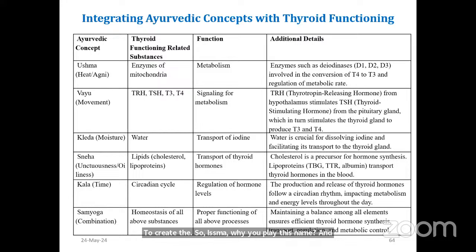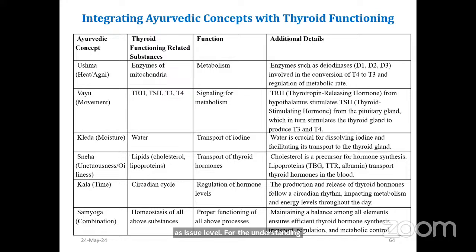So Ahar is not just the food or diet we are taking. Yes, there are, but dhatva hi dhatva ahara samruddha. So rasa is ahar for rakta, rakta is ahar for mamsa, etc. So this Ahar Parinamkar Bhava concept can also be expanded to the cellular level as well as tissue level for understanding thyroid functioning.